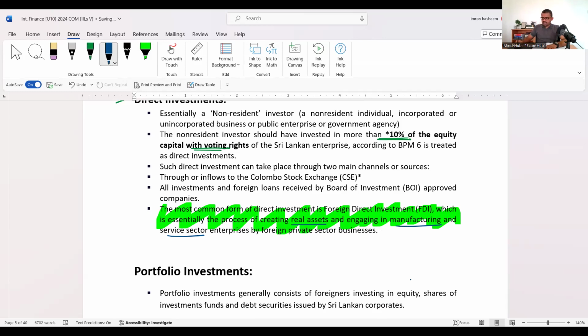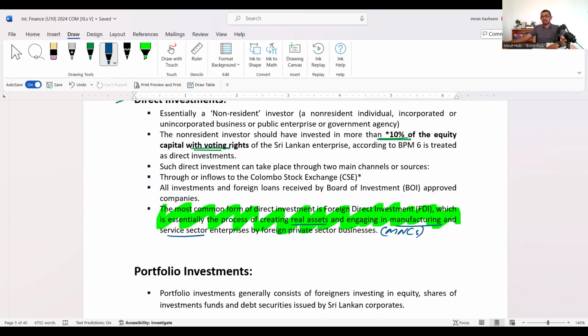Mostly, this is how MNCs come into the country. What are MNCs? We talked about it in international trade, and under globalization also we mentioned this. What are companies like Unilever, Nestle, P&G, Procter & Gamble, pharmaceutical companies, HSBC, Standard Chartered?